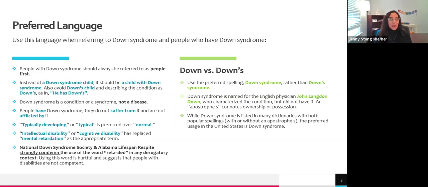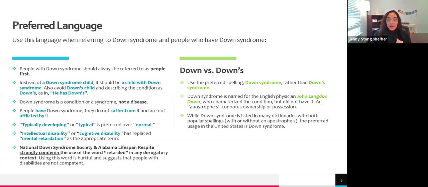Even though medically it used to be labeled as mental retardation, over the course of time it has degraded into a slur. So anytime you use that word in reference to somebody with intellectual or cognitive disabilities, it is perceived as a slur. So just be aware of that. If that's something that you've used in the past, here is your invitation to use more accurate and updated terms, okay?